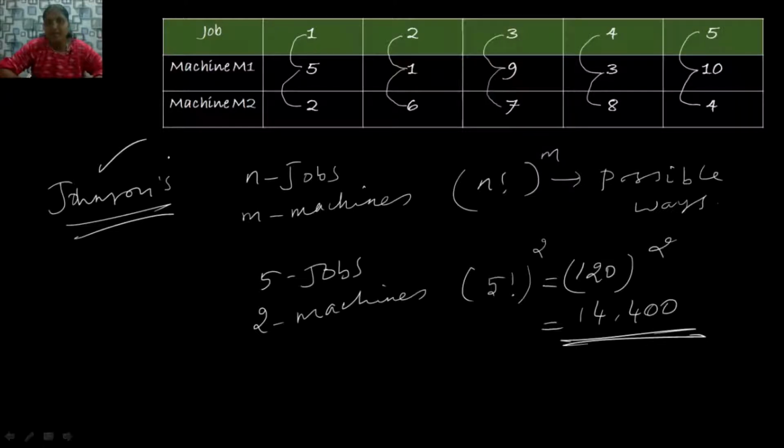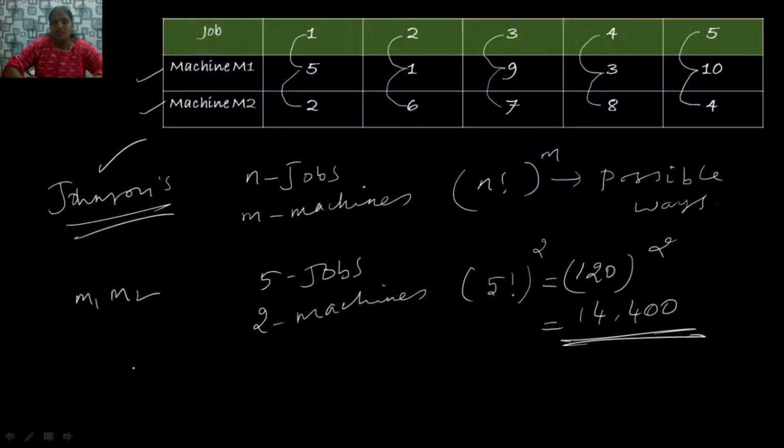The main objective of Johnson's method is to minimize the idle time of both machines M1 and M2. Also, we have to follow the order M1, M2.